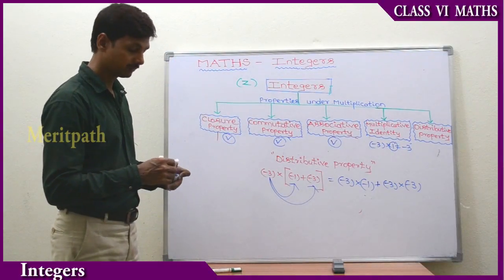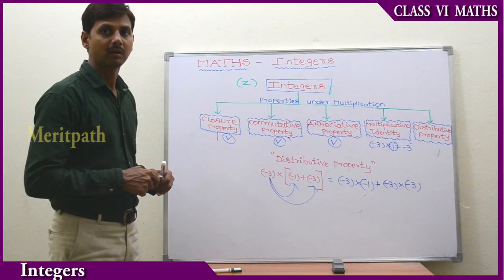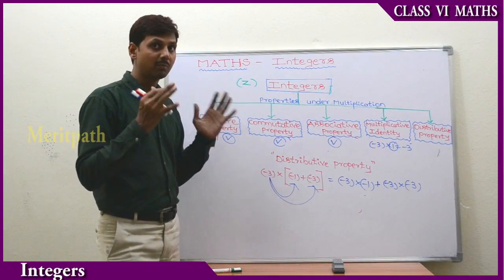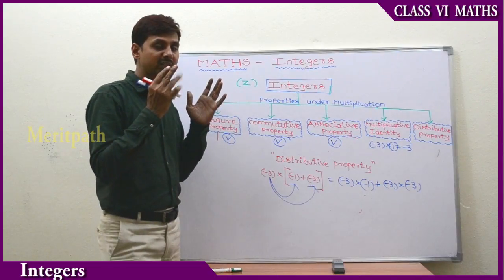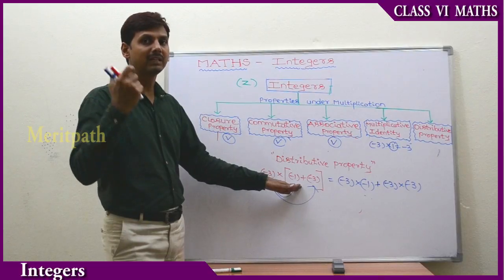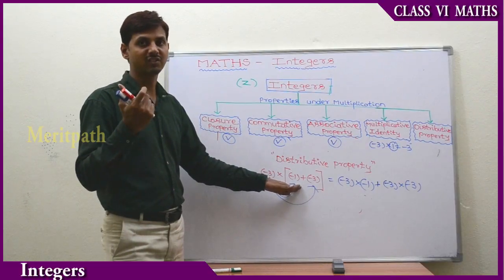Let's recall, we learned the distributive property in the previous class: a number is distributed over two or more other values, and we call it the distributive property.